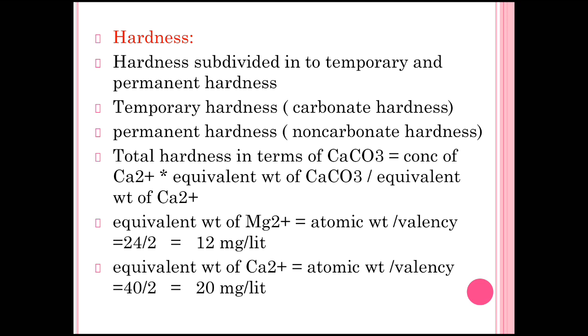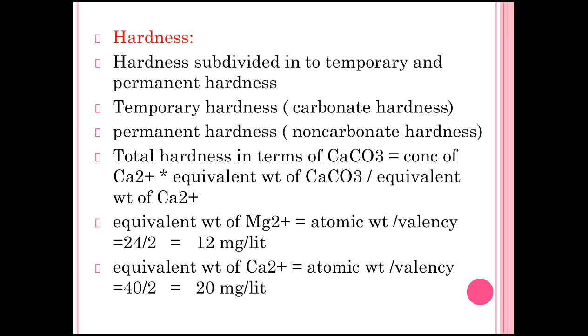But permanent hardness involves salts like chlorides and other salts apart from carbonates. When the water is heated, these salts never settle at the bottom of the vessel, meaning by just boiling they are not removed from water, so it is called permanent hardness.